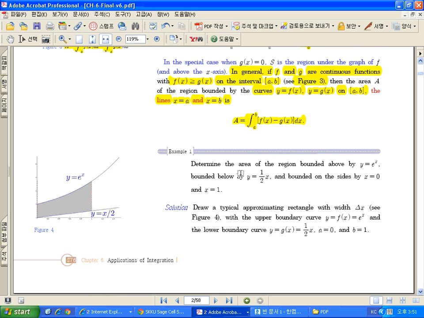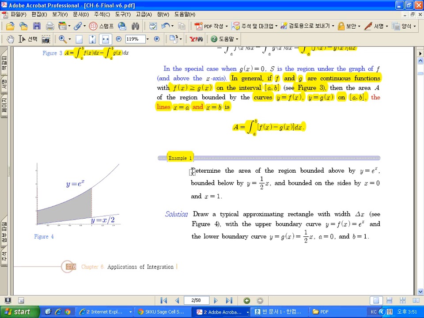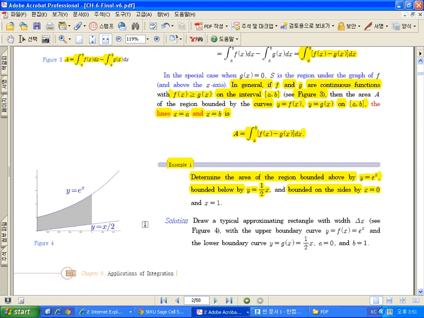Okay. Here is a very simple example. Determine the area of the region bounded above by y = e^x, bounded below by y = x/2, and bounded on the sides by x = 0 and x = 1. Then we draw it, and we want to find this area.